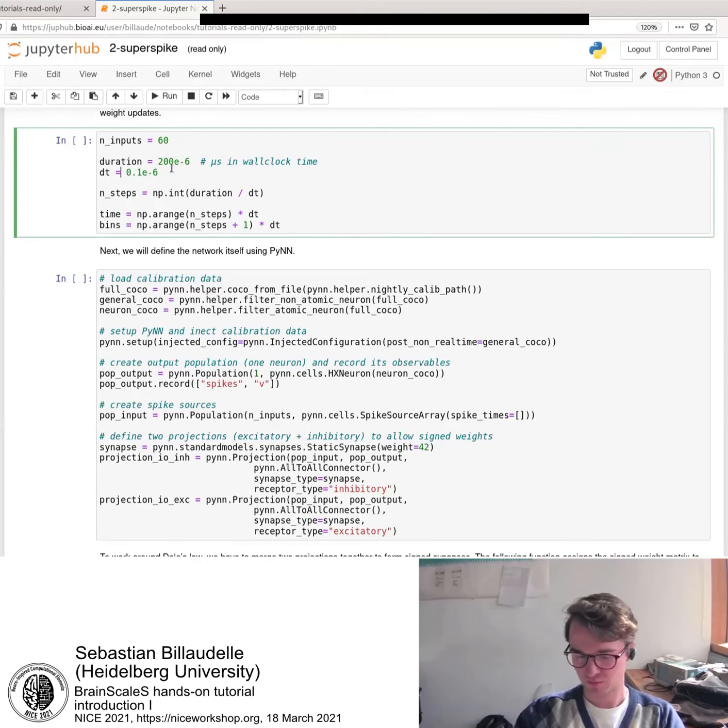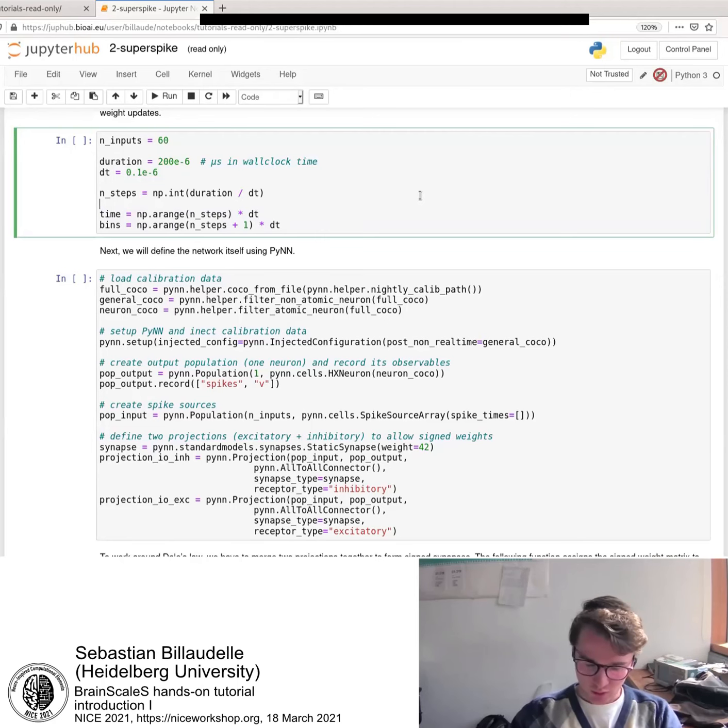So we just define that at 0.1 microseconds, calculate the number of steps, and then define a time axis and bins. These bins are required for generating your input spike trains and also resampling the membrane later for the learning rule. Not for the emulation, but for the learning rule.